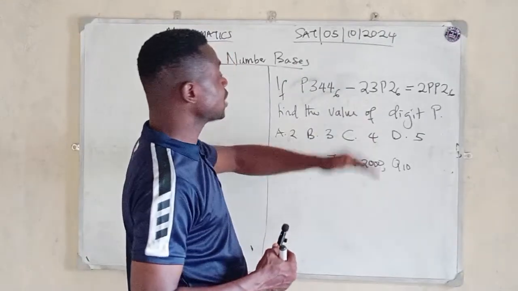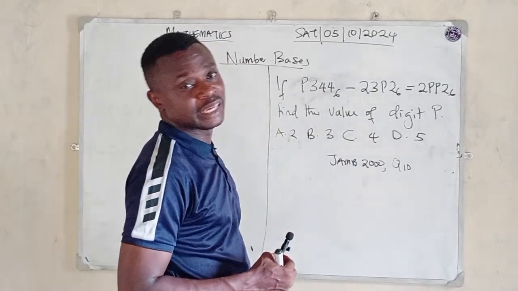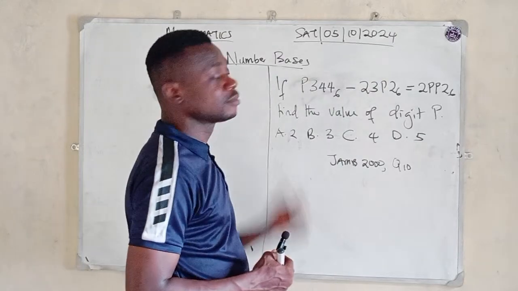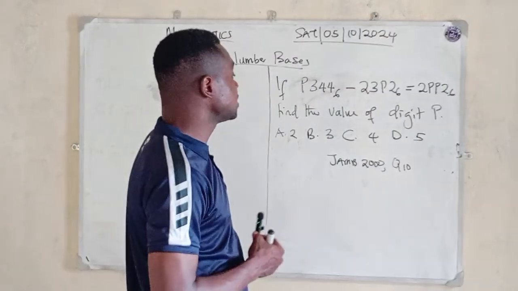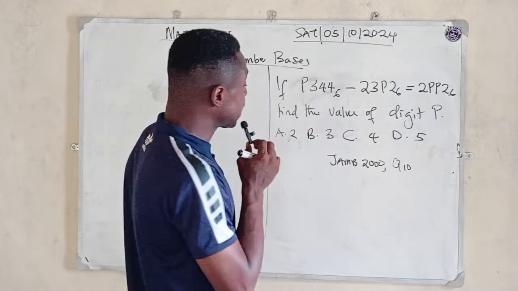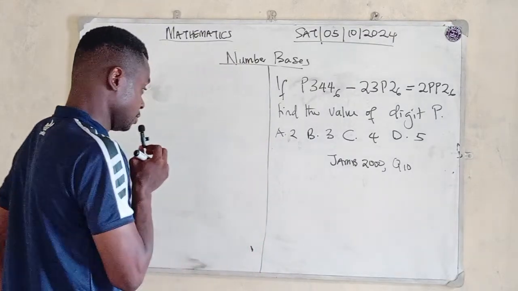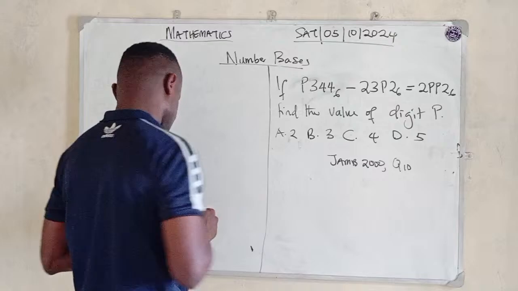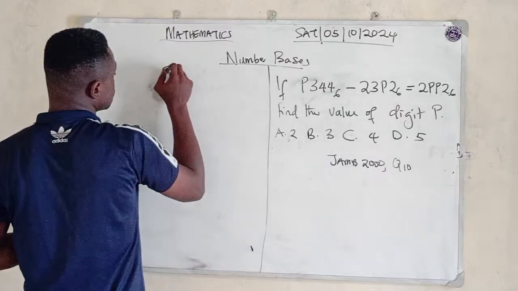We can move all the numbers to base 10 so we can easily solve for P.